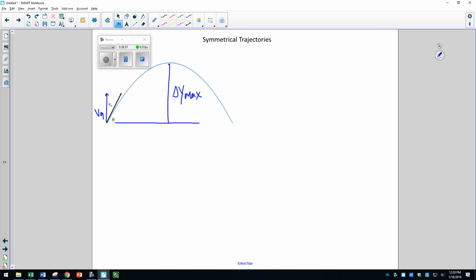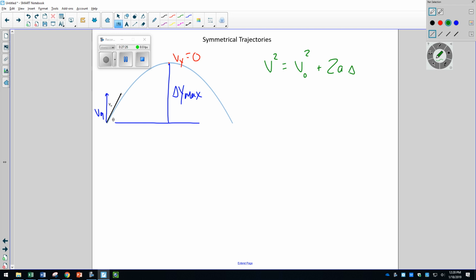All right, we got to use our known fact about this location here, that vertical velocity is 0 for an instant. Then we can use this kinematics equation. Let me say v squared is v naught squared plus 2a delta x.